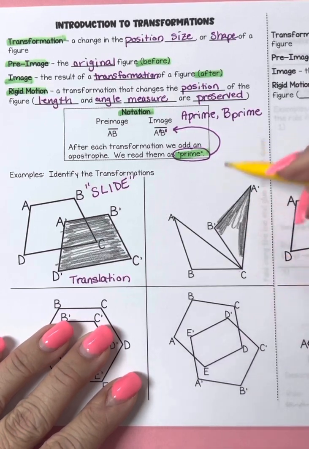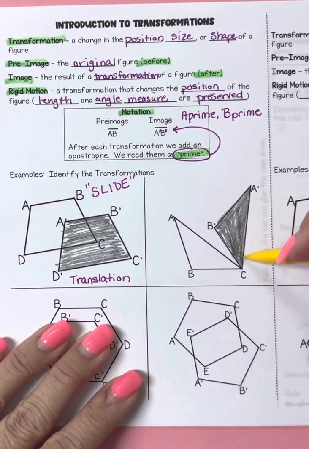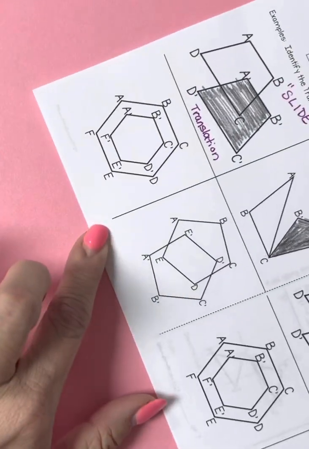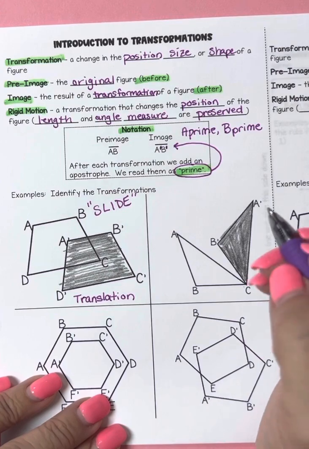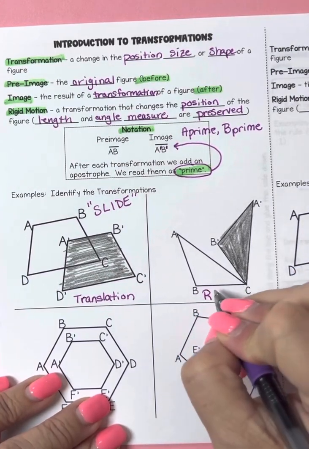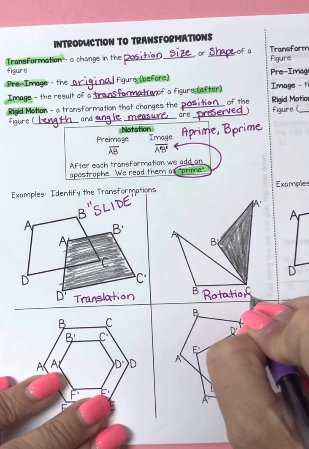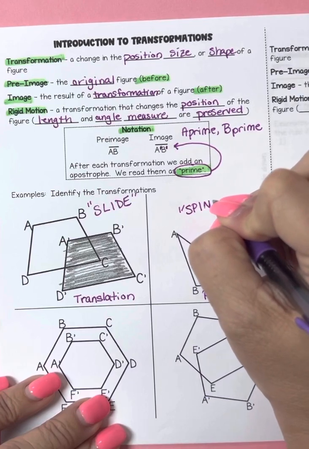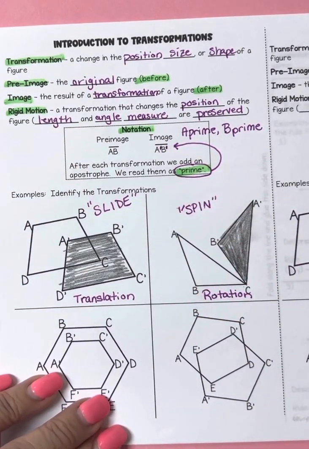Okay, so we start with the white and we end with the shaded. I could even take my paper and show that it rotates like that. There's not really another word for it because that's what it's doing, is rotating. I guess you could call it spinning. If it spins, that's a rotation.